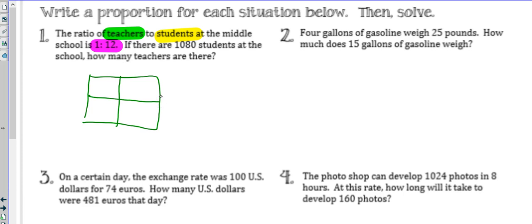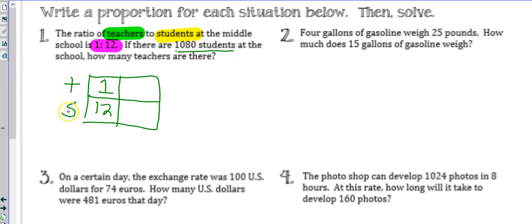I'm going to make my proportion using this box, and I have teachers on top, students on the bottom. I know from the problem, the ratio of teachers to students at the middle school is 1 teacher for every 12 students. And it says if there are 1,080 students. So I've got to figure out whether that number goes on the top or the bottom.